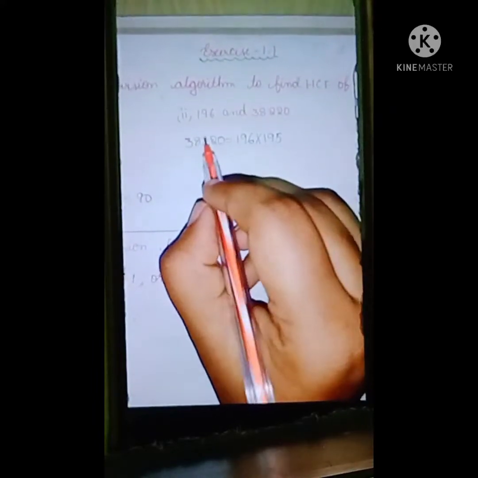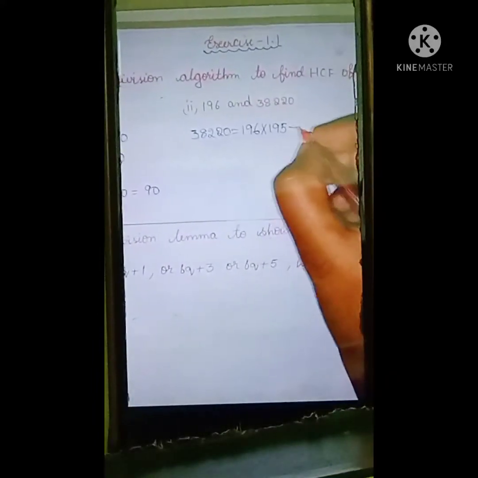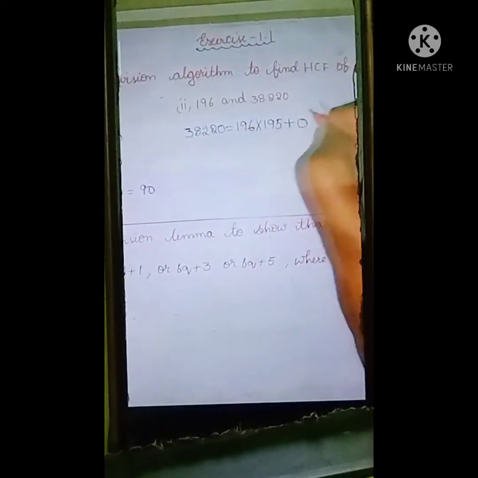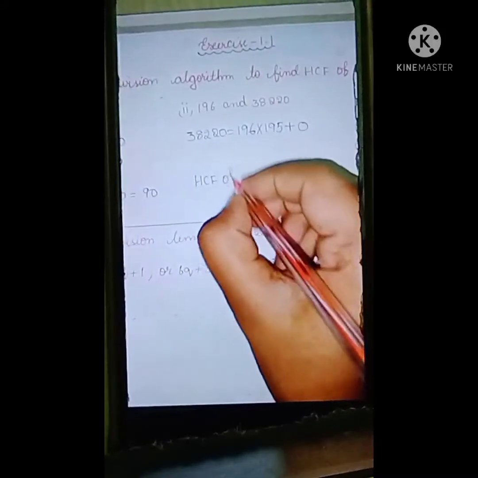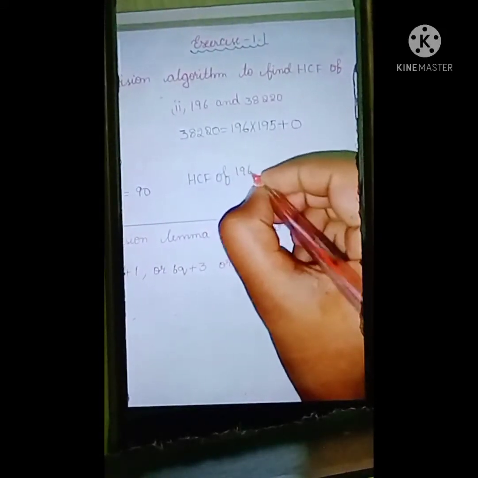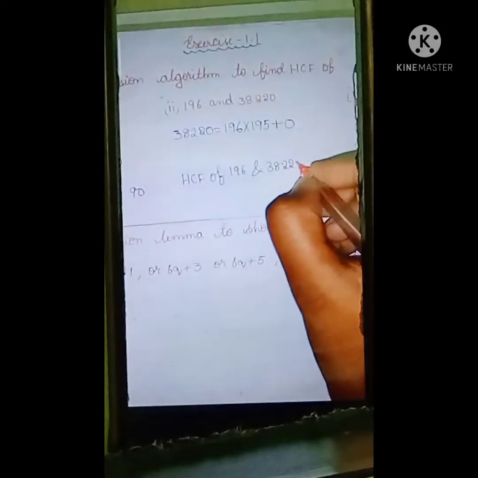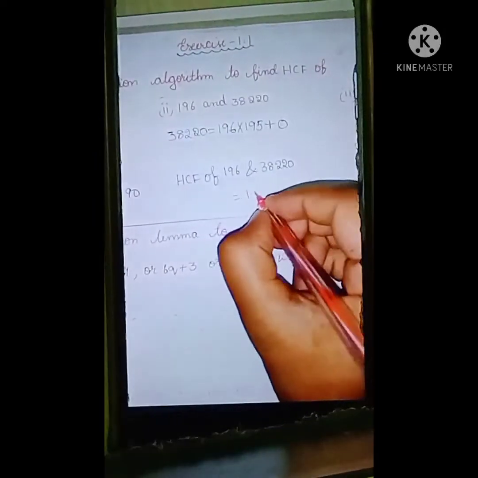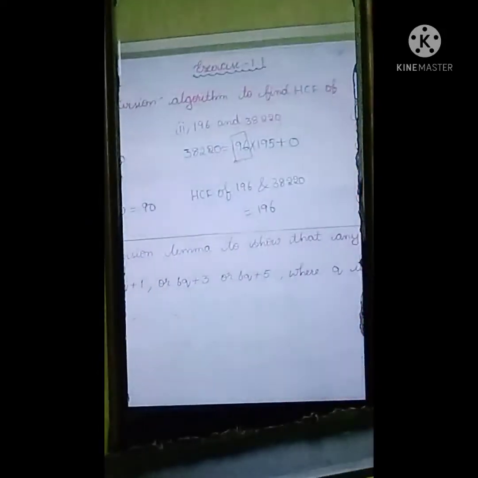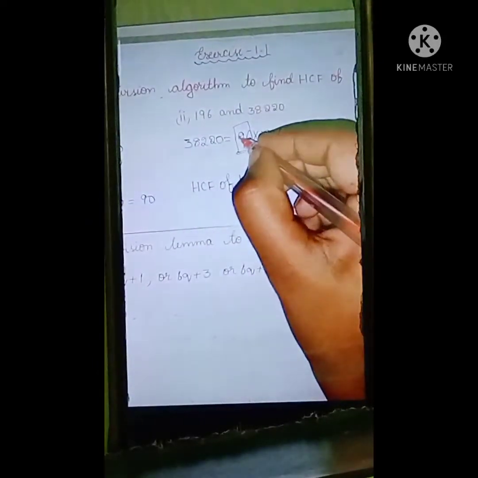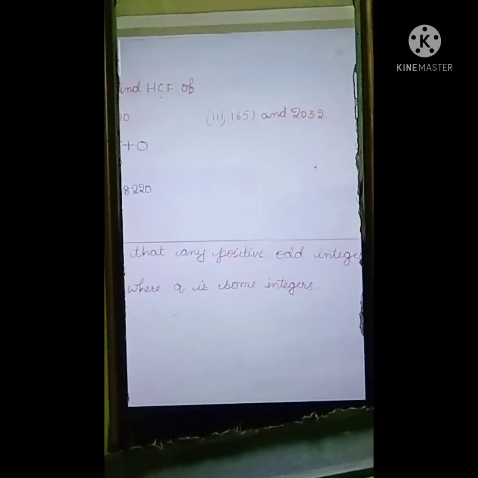I got this value by doing division. You can also do division. So the remainder will be 0. Therefore, the HCF of 196 and 38220 is 196, because these values give us the HCF.